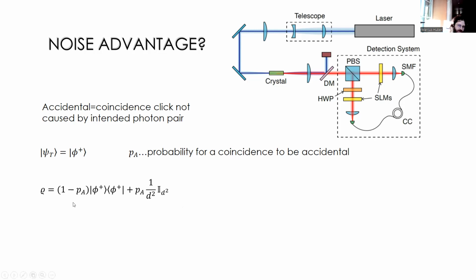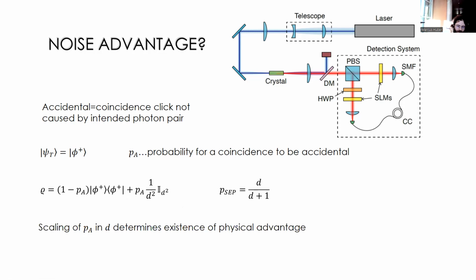Then what I'll see is a so-called isotropic state. With probability PA, the probability of an accidental, I'll have just noise, and with probability 1 minus PA, I actually succeed in creating the maximally entangled state. And then I can just do some simple math and work out at what probability that state becomes separable. That probability works out to be d over d plus 1, where d is the dimension of the maximally entangled state.